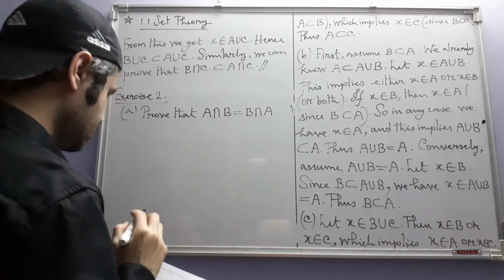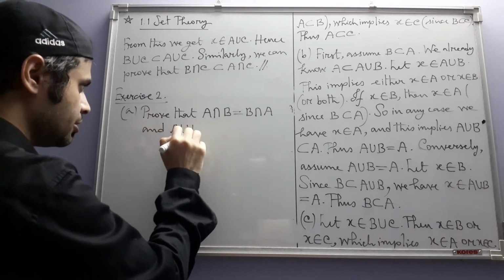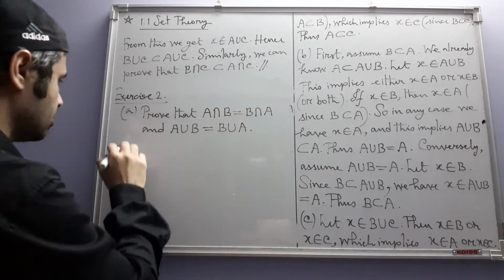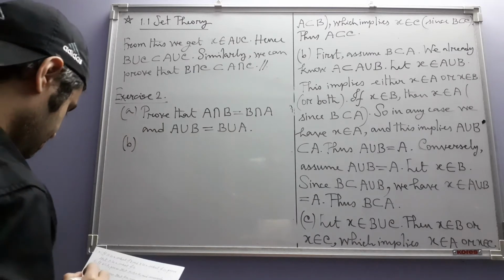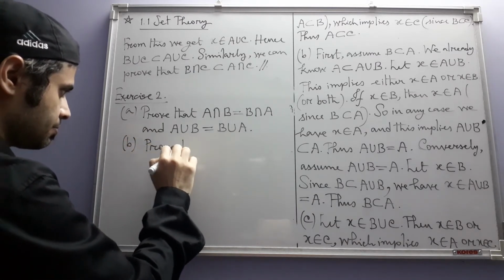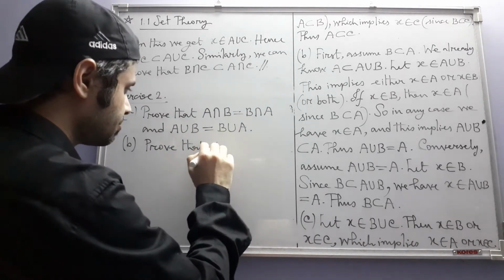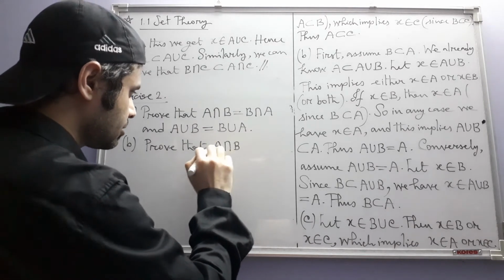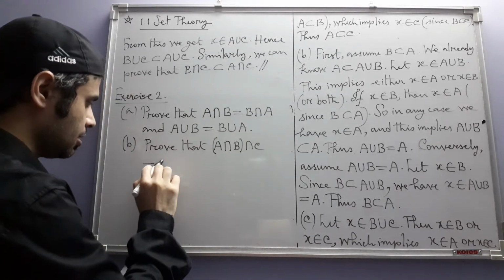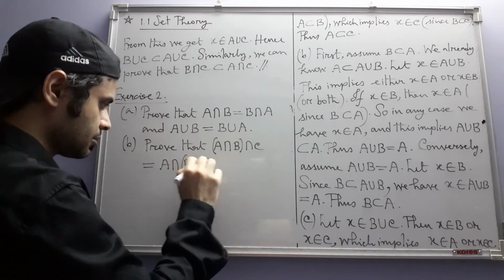Commutativity of union and intersection: A union B equals B union A. Intersection is associative: A intersection B intersection C equals A intersection B intersection C.